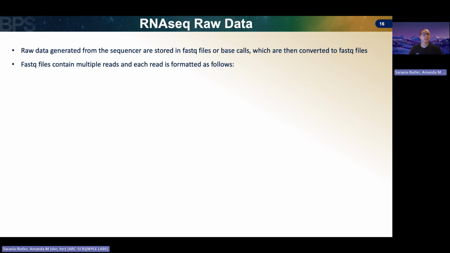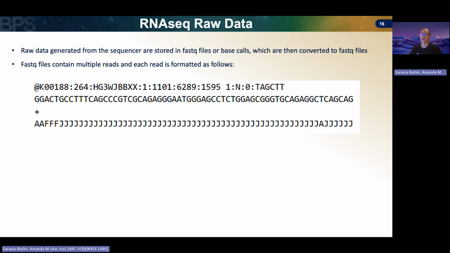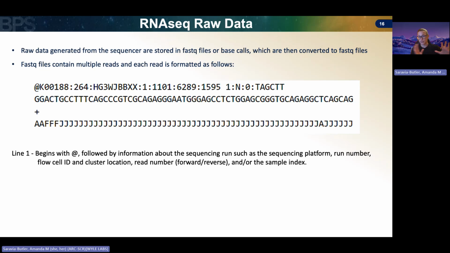As a reminder, FASTQ files contain multiple reads, and each read is formatted with 4 distinct lines. We covered this in the intro module set, but just as a reminder here, the first line is going to begin with an @ symbol, followed by information about the sequencing run, such as the sequencing platform, the run number, flow cell ID, and cluster location, also the read number and/or the sample index.